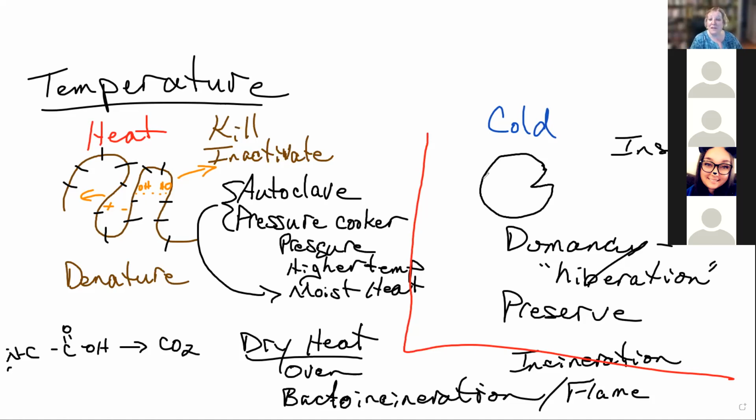Okay. Now, the reason why we tend to think that cold will kill is because cold will kill humans. We humans have not adapted to surviving hibernation. We don't go into hibernation when we get cold. We get hypothermia and we die. Now that's most of the time. There's always exceptions.